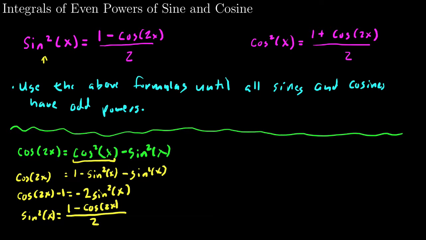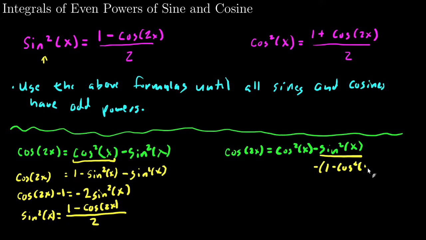And that's for sine. If I want to solve for cosine squared, I do pretty much the same thing. Use cosine of 2x equals cosine squared x minus sine squared x, the double angle formula for cosine. And instead I'm going to rewrite the sine squared as 1 minus cosine squared x. And, sorry, that should be a 2x.